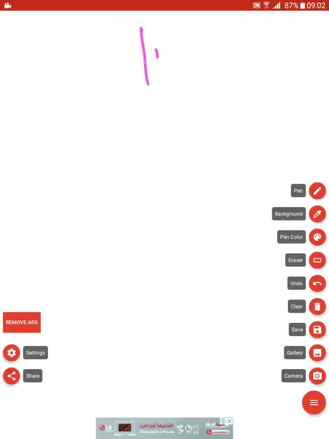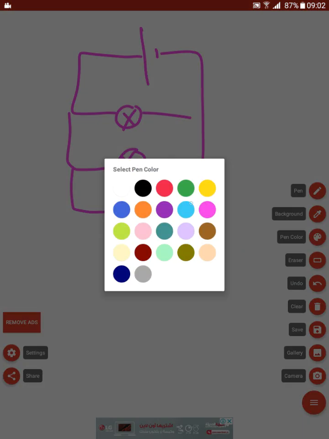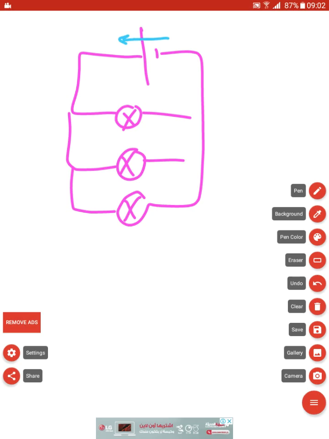Now, if we have resistors or bulbs connected in parallel, when the current reaches this junction, we have a split of current. So we have I1 through branch 1, I2 and I3. When the currents come back to this junction, we have the main current again.